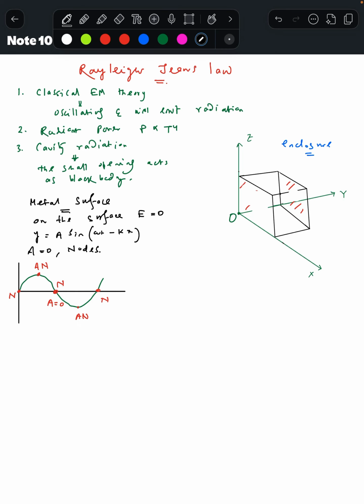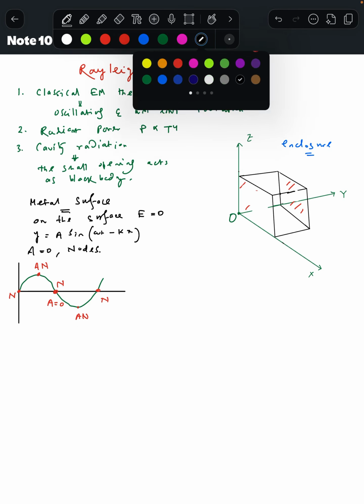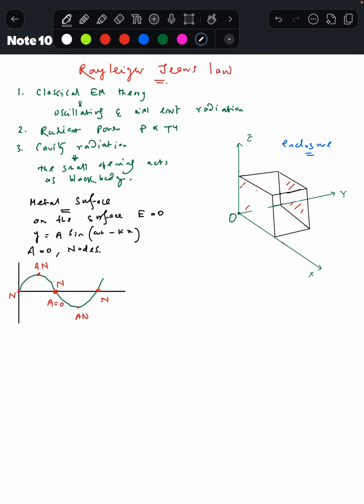But if I want to check the surface, let's say this is one line we are taking, and the wave is oscillating in a single loop, then this is a node, this is a node. By the way, we have taken this side to be A. The enclosure is cubical, so the side is A.